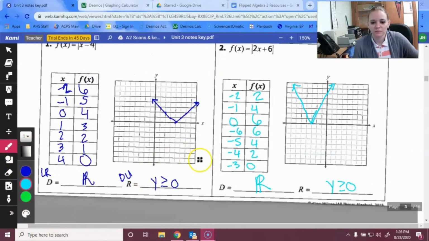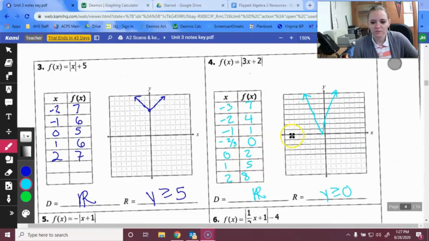Okay, here we go. Here's number 2. Again, I'm not worried about the exact numbers in the table, as long as you've got enough to show that it's the right graph. So here's the graph. Domain is all real numbers. Range is greater than or equal to 0.